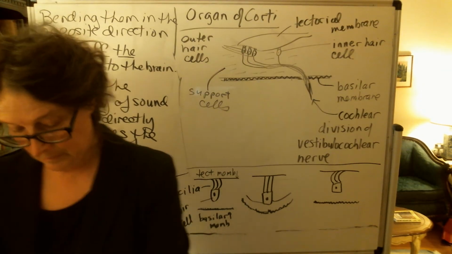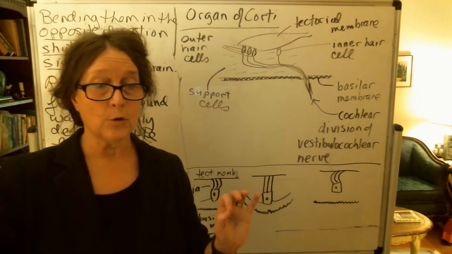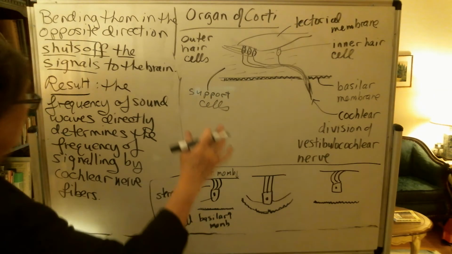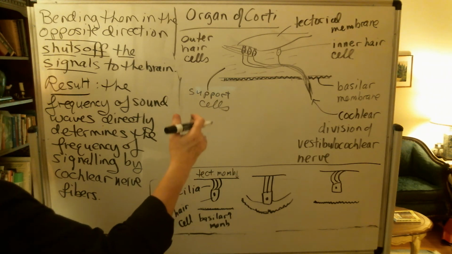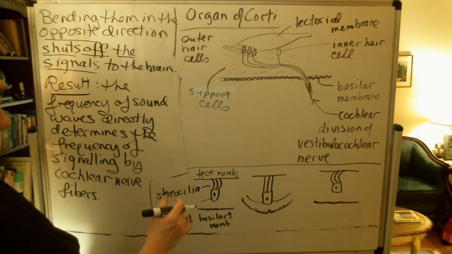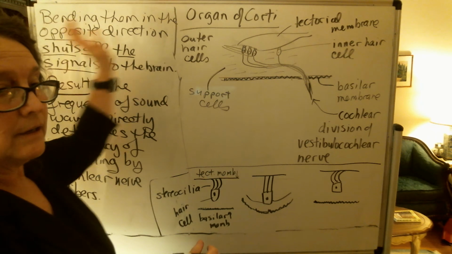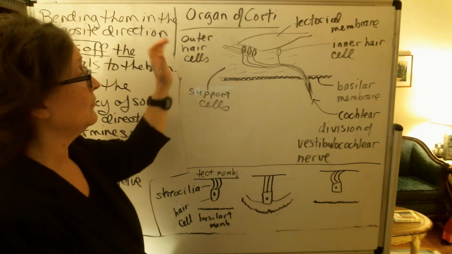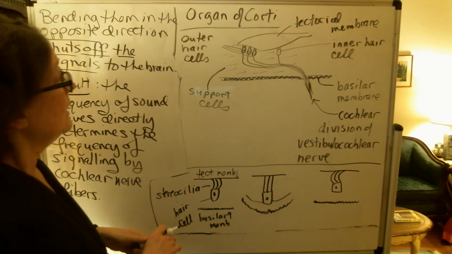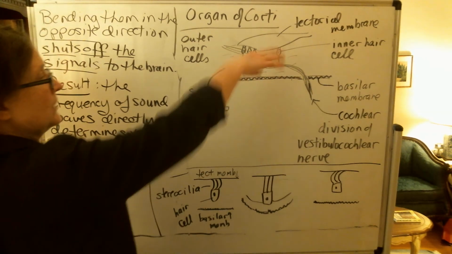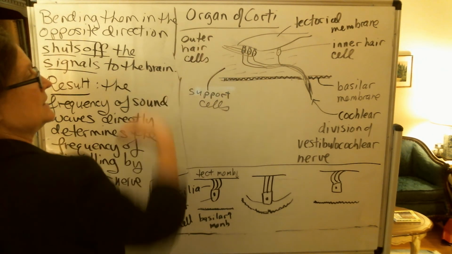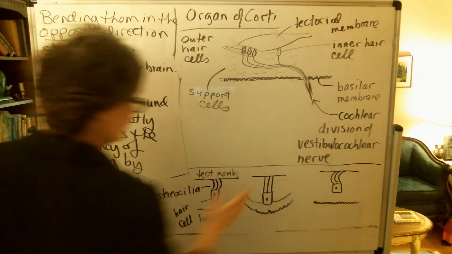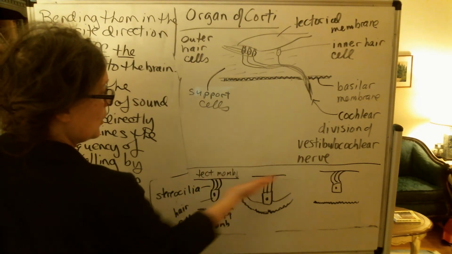So that then, as I said, is how you wind up getting vibrations in the air being translated into vibrations in fluid in the inner ear, which then gets translated into vibrations in these membranes, which then gets translated into hair bending.